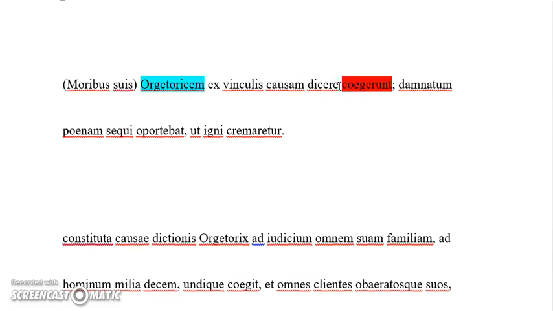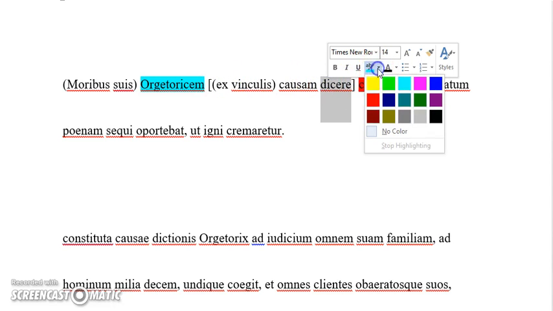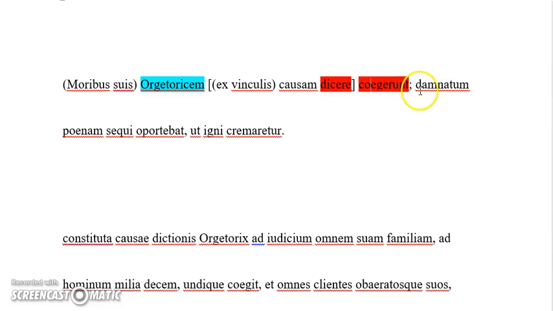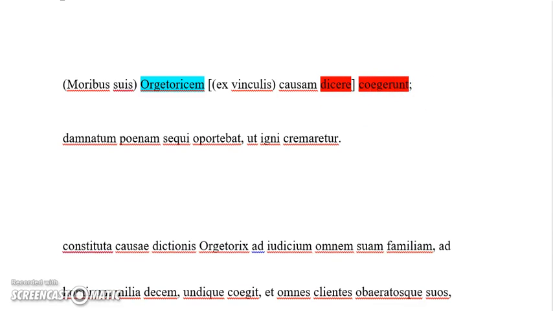And here we have what they compelled him to do. Ex vinculis. Causam dicere. And causam dicere is an idiom that means to plead his case. So, by their customs, they compelled Orgetorix to plead his case from chains.